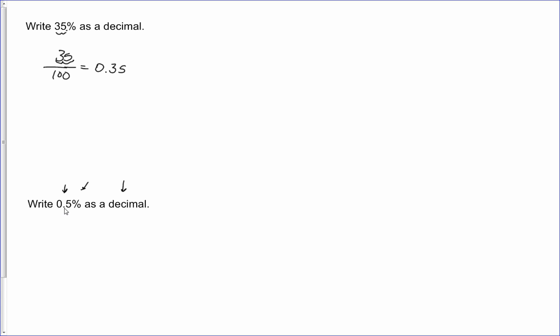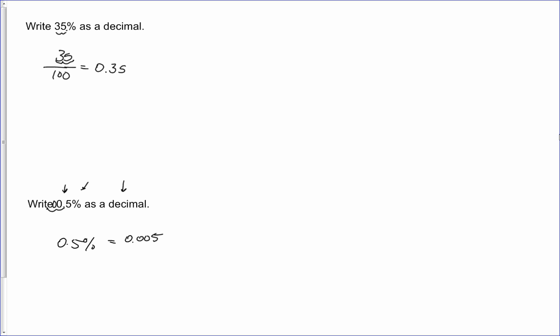So you would move this decimal point 2 places to the left. So 0.5% written as a decimal would equal 0. When you move it 2 places, you're going to have to add an extra 0 in there. So it would be 0.005 written as a decimal. Half a percent, 0.005.